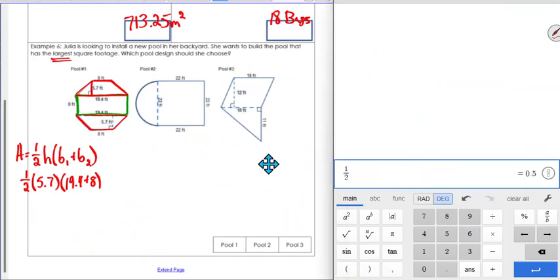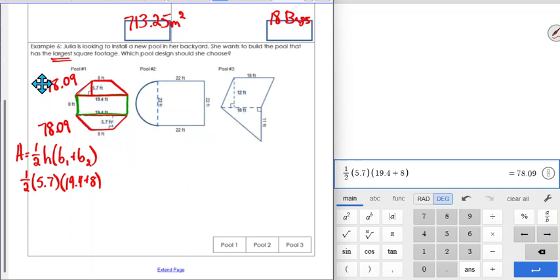So 1/2 times 5.7 times 19.4 plus 8 tells me that that trapezoid has an area of 78.09. We have the exact same trapezoid on the bottom, so I'm going to label that one too as 78.09.